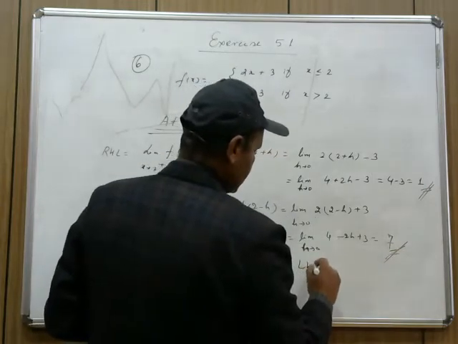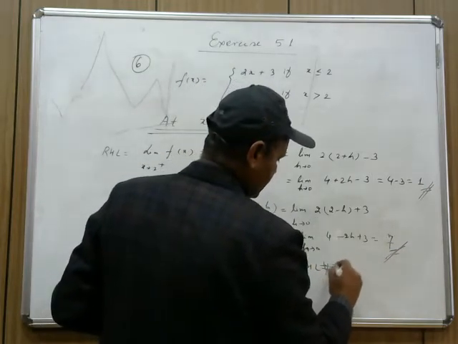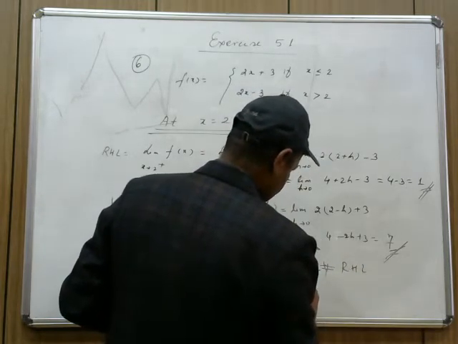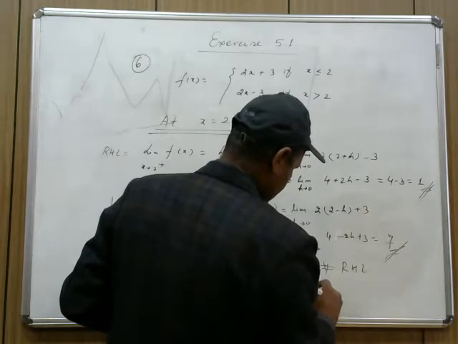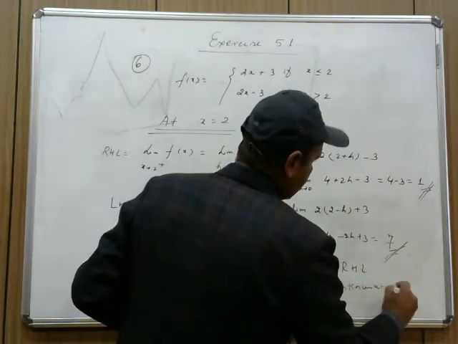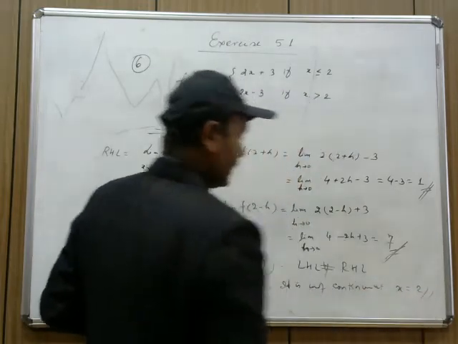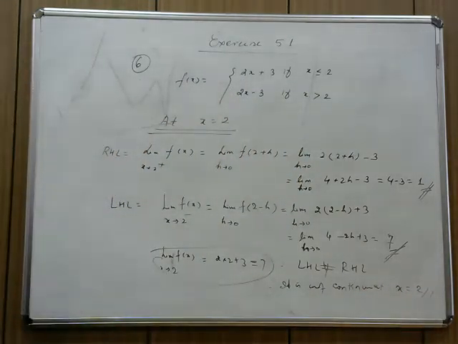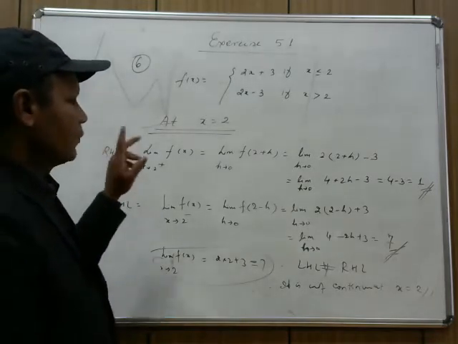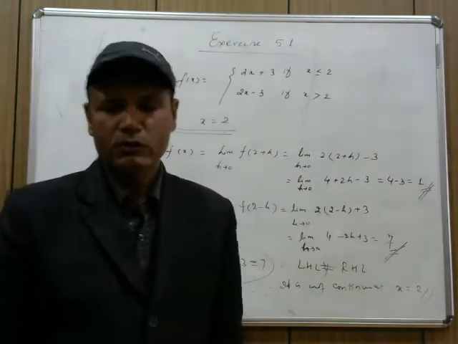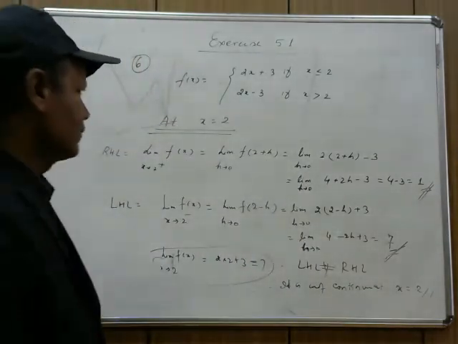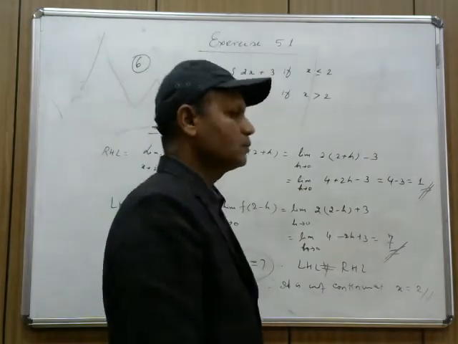Here LHL is not equal to RHL, and therefore the given function is not continuous at x equal to 2. Except x equal to 2, it is continuous everywhere. That we can check here. So now we have checked that the point of discontinuity of this function is 2, right? Therefore this given function is not continuous at x equal to 2.